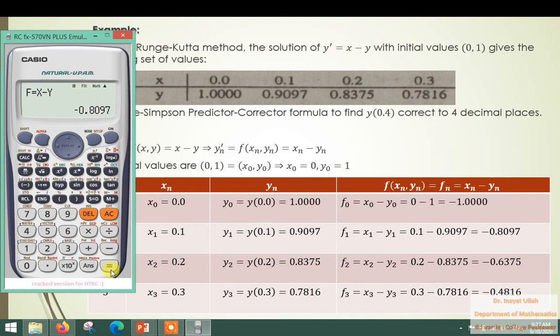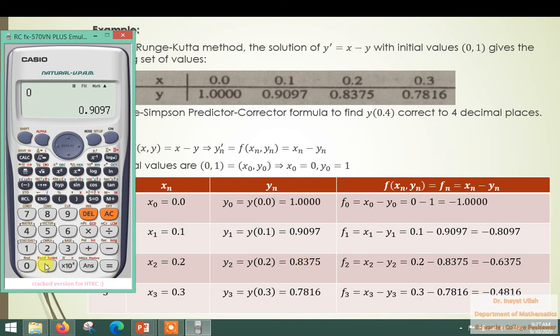Now again press the equal button, asking about x. Now the value of x is 0.2. Now press the equal button, asking about y. The value of y is 0.8375.